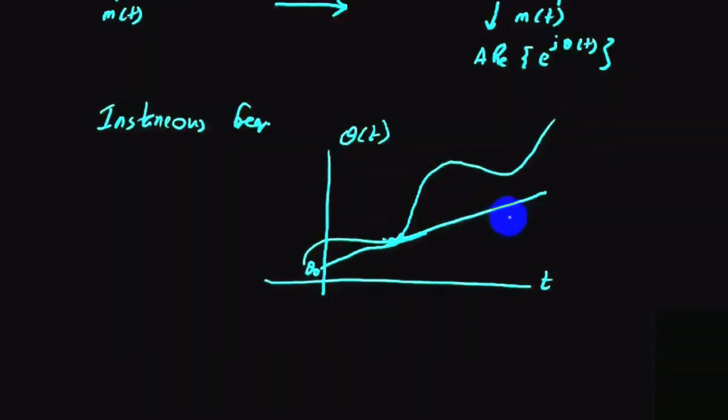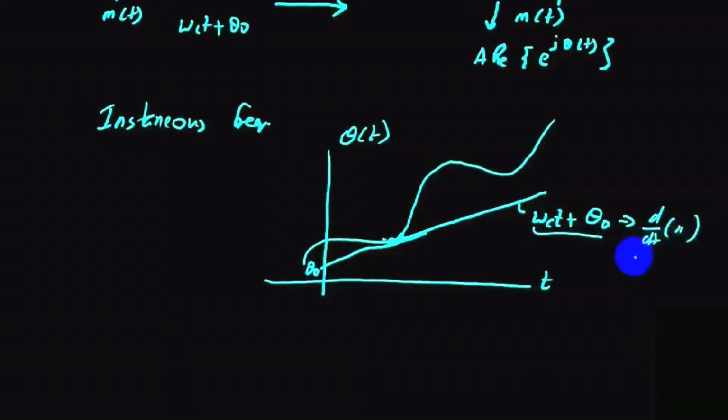So we may call this omega c t plus theta naught. So this is showing a linear behavior, and since it's showing a linear behavior, we have observed this in AM. If we take the derivative of this one with respect to time, d by dt of this one, we would simply have a constant which is omega c, right? But over here the angle is the generic angle which is constantly changing.